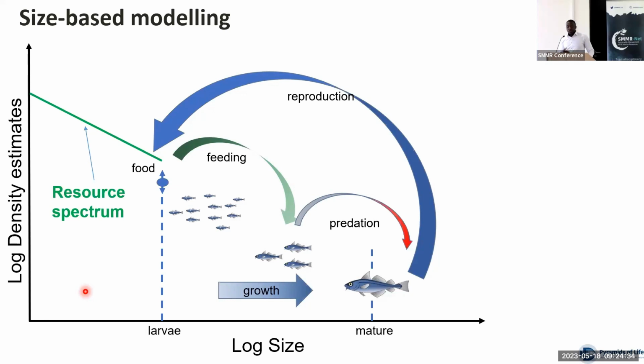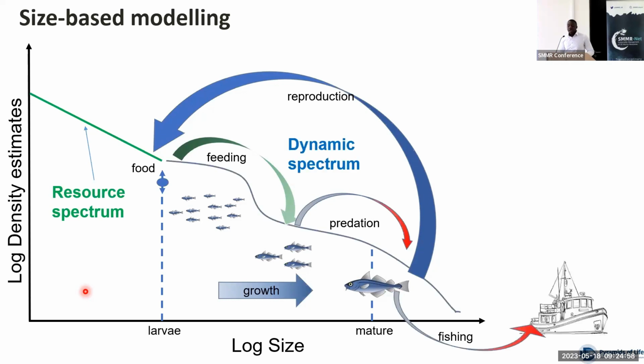In essence, if a fish reaches maturity, it reallocates most of its energy towards reproduction and stops growing. As they reproduce, that reproduction feeds into the resource. And that's an important part, because it means we have a dynamic spectrum which would change depending on the overriding factor, whether it's fishing, whether it's feeding, or whether it's availability of prey in the system.